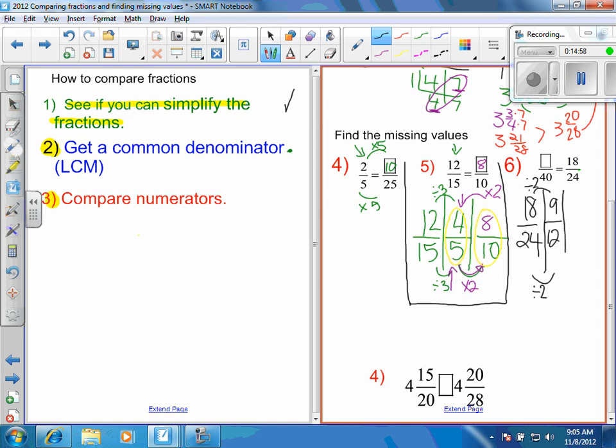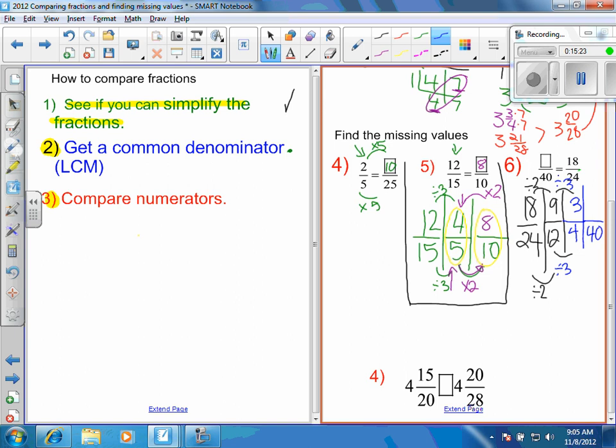So, can we change 12 to 40 at all? Is that easy? Not really. Can we simplify 9/12 down? Divide by what? Divide by 3. So we get, what do we get? 3/4. Good. Now can we change 3/4 to something over 40?